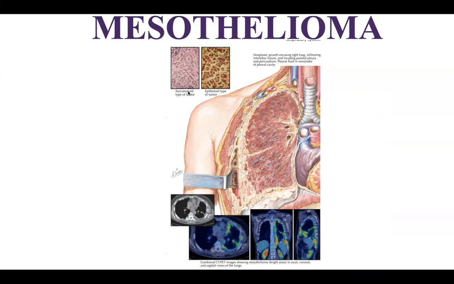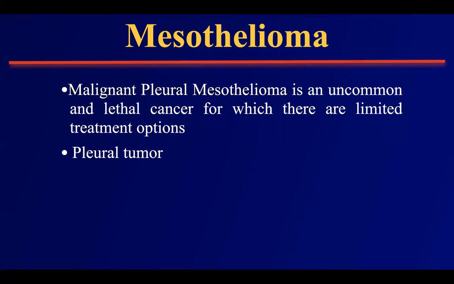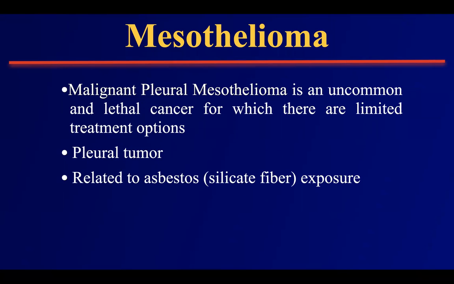The second one is sarcomatoid type. Malignant pleural mesothelioma is an uncommon and lethal cancer. Uncommon in other Western countries and most of the world, actually. It is not uncommon in Turkey. And it is a pleural tumor, and it is related to asbestos exposure.